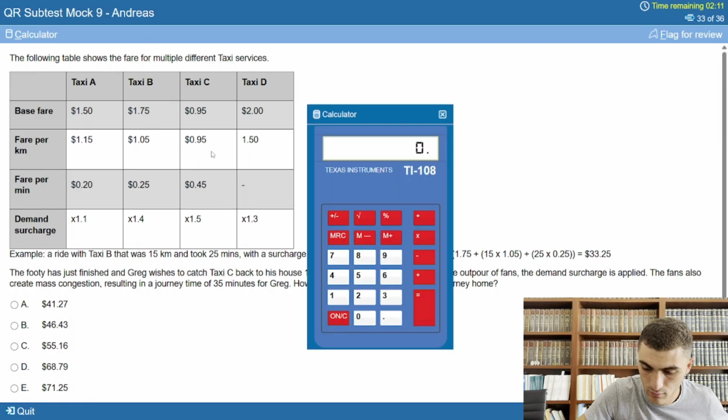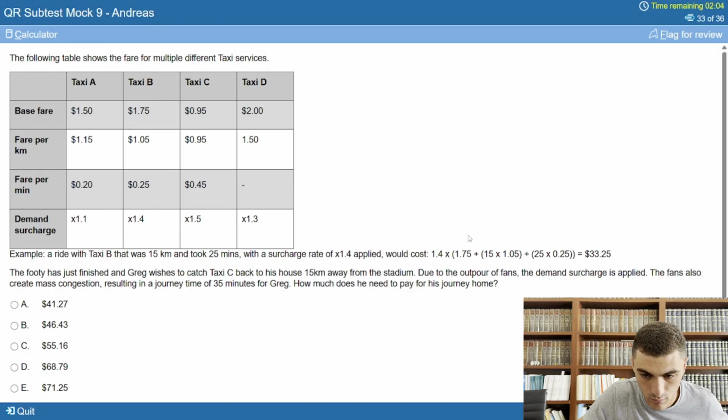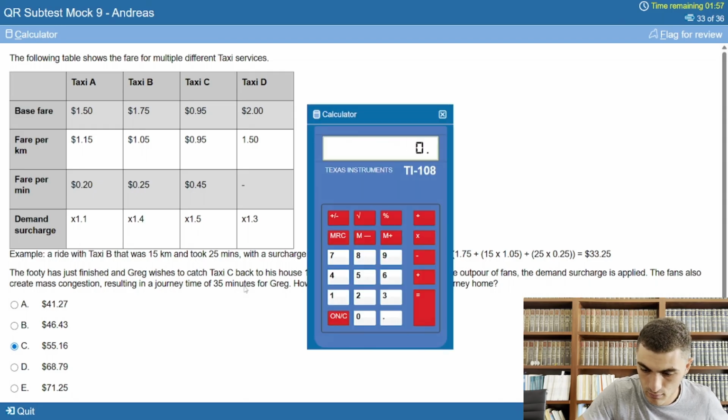So it's 30.95 and 2 times 1.5, so it's 46.43.